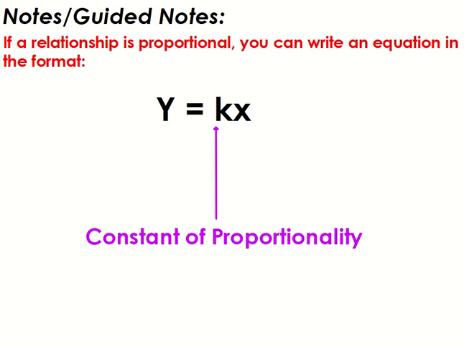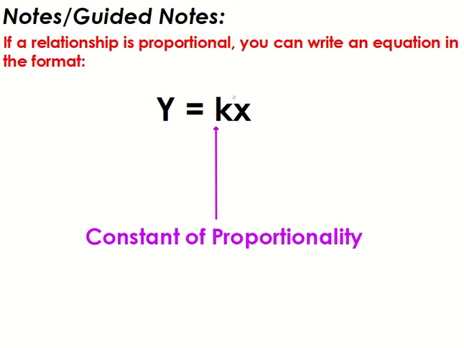So if a relationship is proportional, then we can write an equation that would help us find all of them because we've proven it's proportional. So we say it's y equals k times x, where k stands for the constant of proportionality, right? That's the number that makes it proportional.